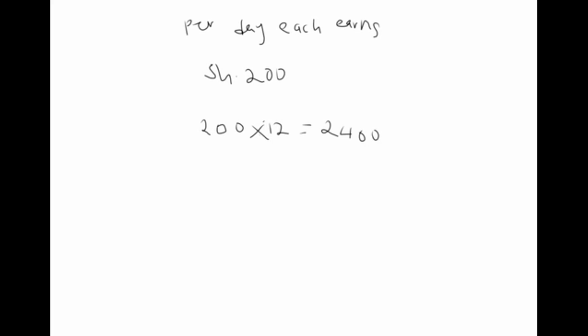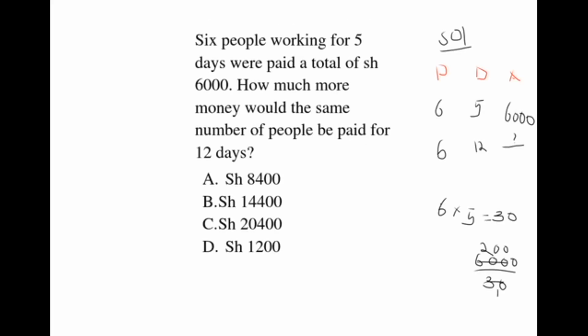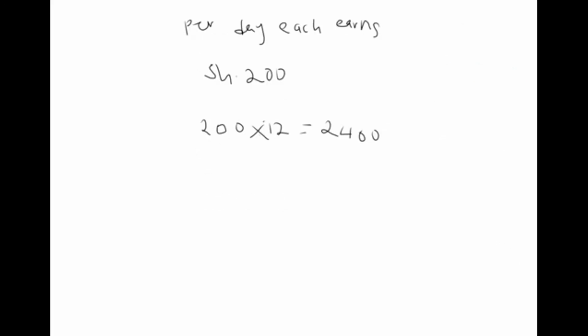So in 12 days, one person will have been paid 2,400 shillings. What about 6 people? How much will they be paid? So we take 2,400 times 6. So in these 12 days they will be paid 14,400 shillings.